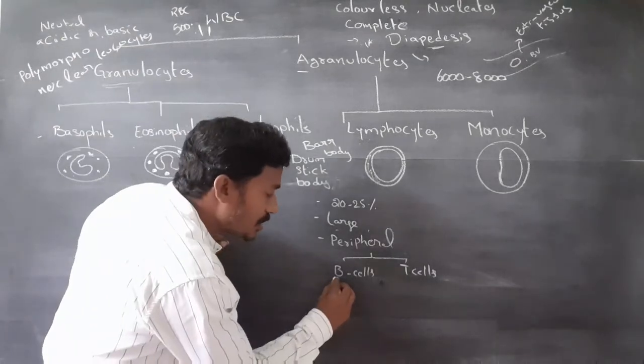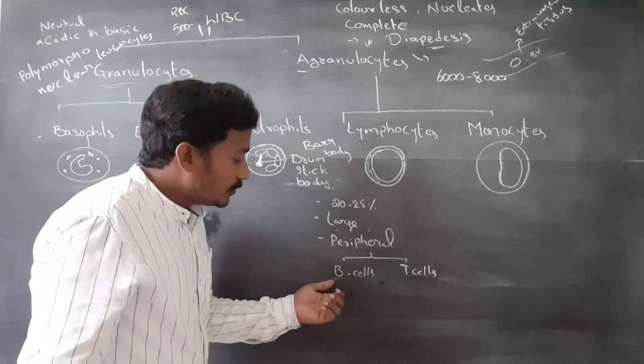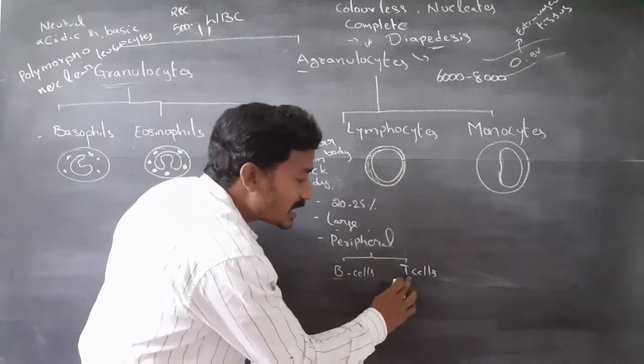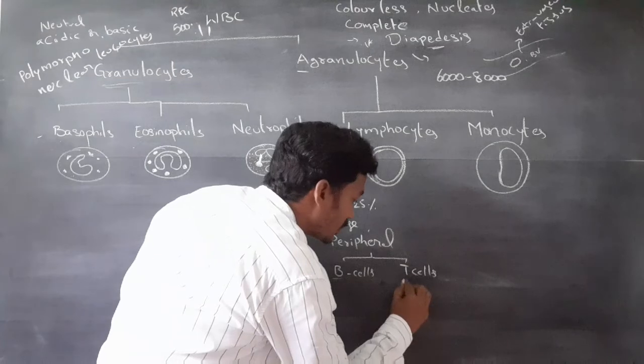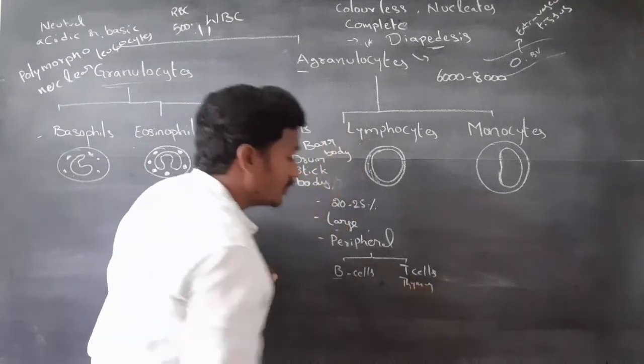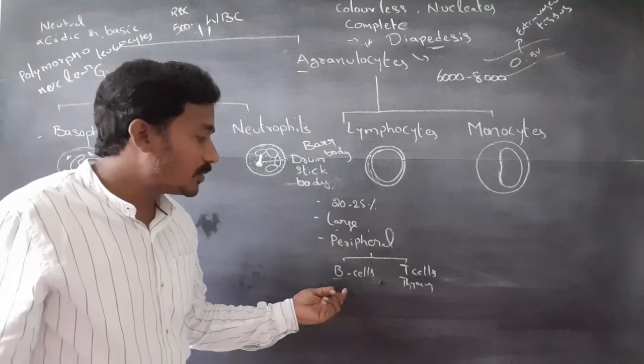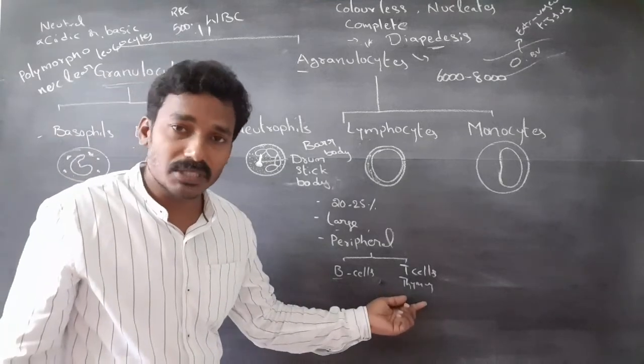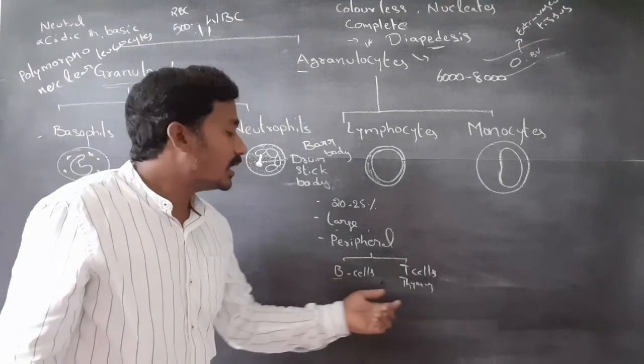B cells mature in bone marrow and T cells mature in the thymus. So these are called B cells and T cells.